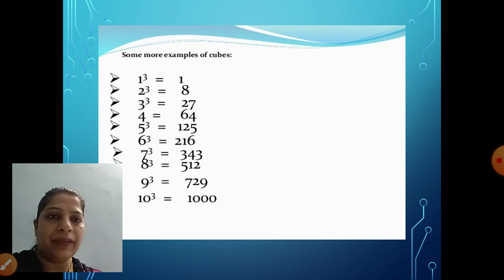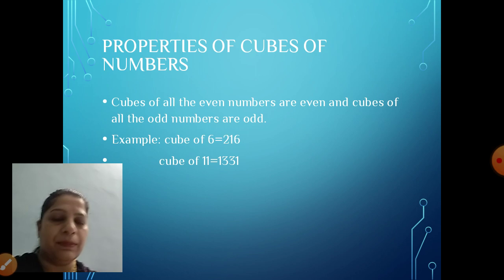Cube of 5, that is 125. Cube of 6, that is 216. Cube of 7, that is 343. Cube of 8, that is 512, and cube of 9, that is 729, and cube of 10 is equal to 1000. You have to learn thoroughly all these cube numbers. This will be very useful when we are doing the sums.